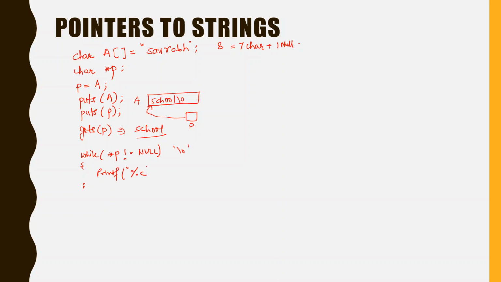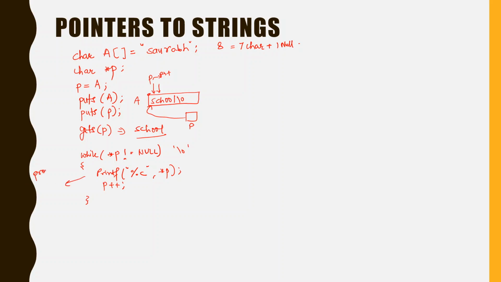Since we are doing character by character, we will use %c, and it will be the pointer p. And one more important thing is p++. Why p++? Because p initially is at the base address and you have printed this particular character. Now to print the next character you have to do p++, that is, move to the next valid memory location. So this prints your string on the screen.